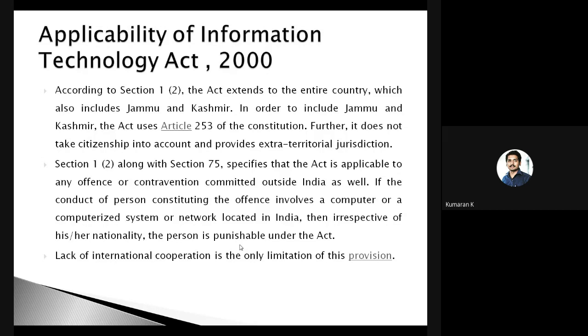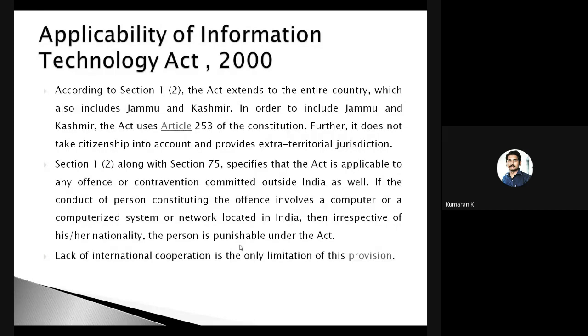The next thing is that lack of international cooperation is the only limitation of this provision. What the law means is that we are monitoring only the laws in India, but different laws prevail in most other nations. We use such laws in our country, but other countries have no necessity to accept this law. Suppose a person commits a crime outside India, the country where they reside has to cooperate to bring that person to India.